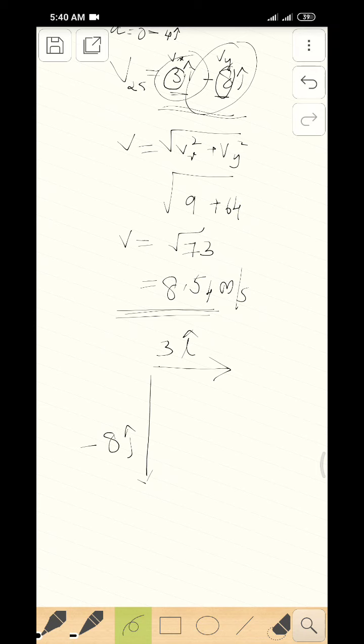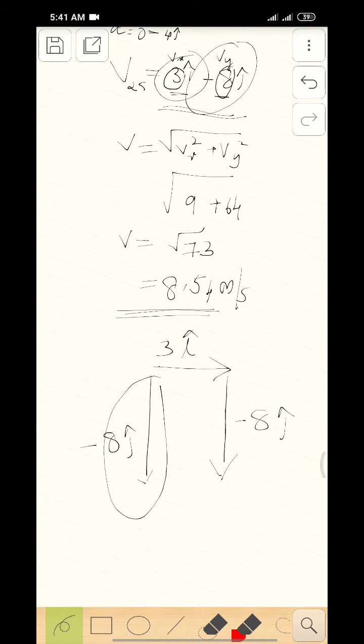So the vector addition you have to do. For that, the head of the 3 i cap should be connected with the tail of the minus 8 j cap. So we are just changing the position of minus 8 j cap from here to here.